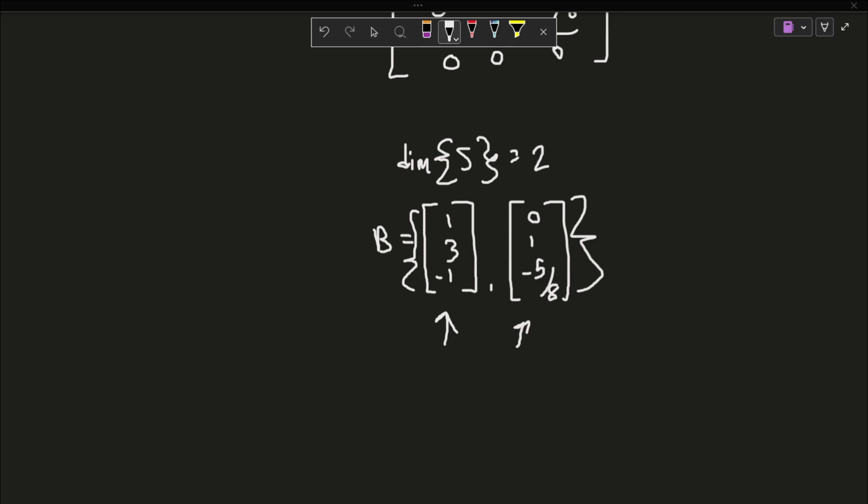Okay, so that's pretty much the general idea of what we can use row space for.